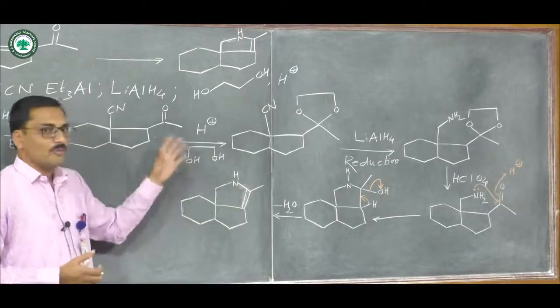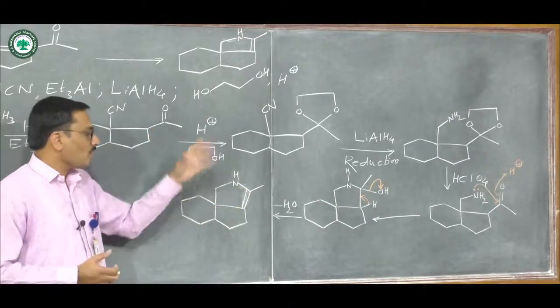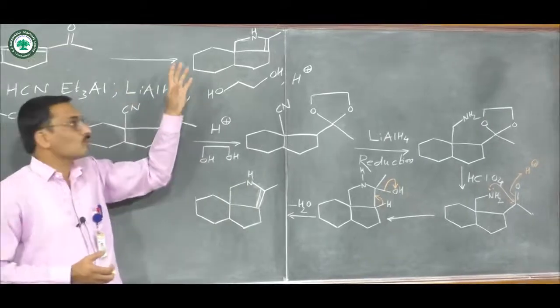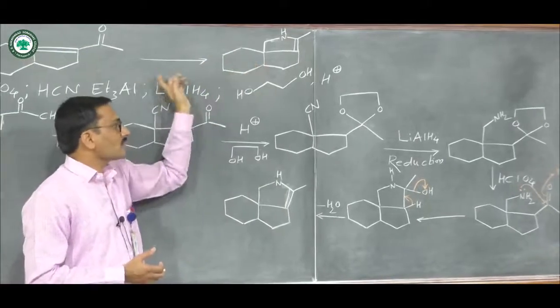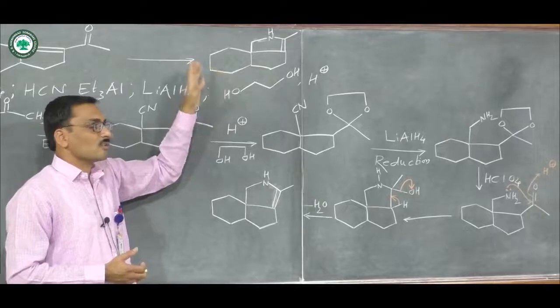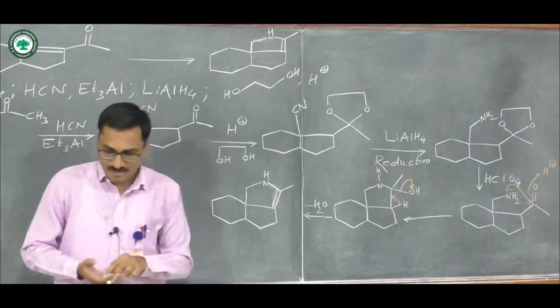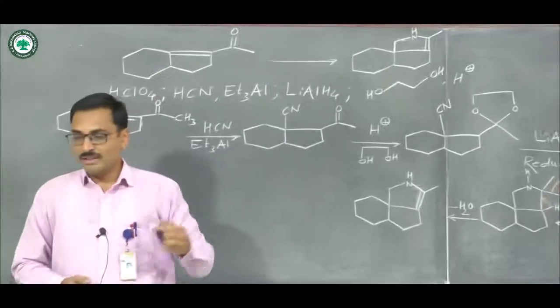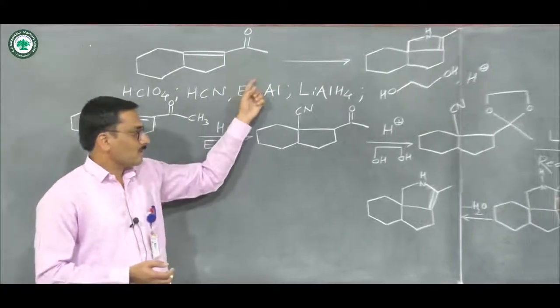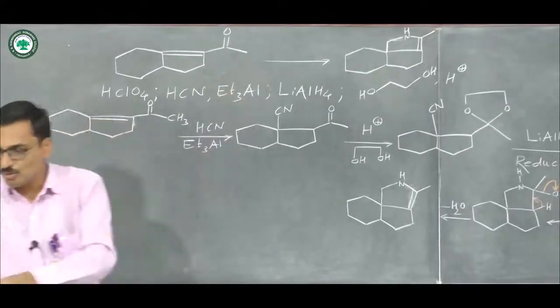So in this way we achieve the conversion of the given starting material into the product using all these reagents. This is one of the important questions which is generally asked in previous examinations. In the next part we will see a new problem.